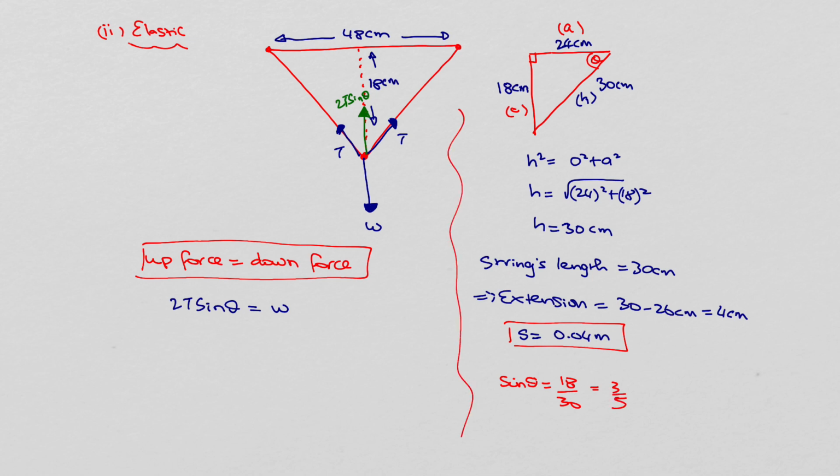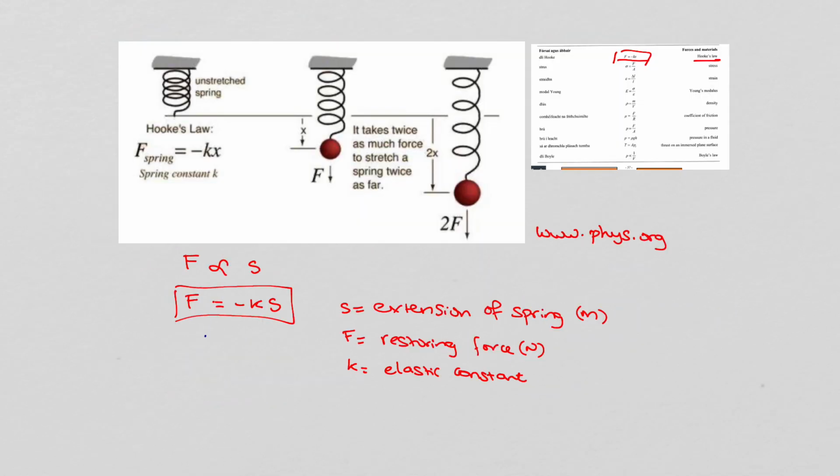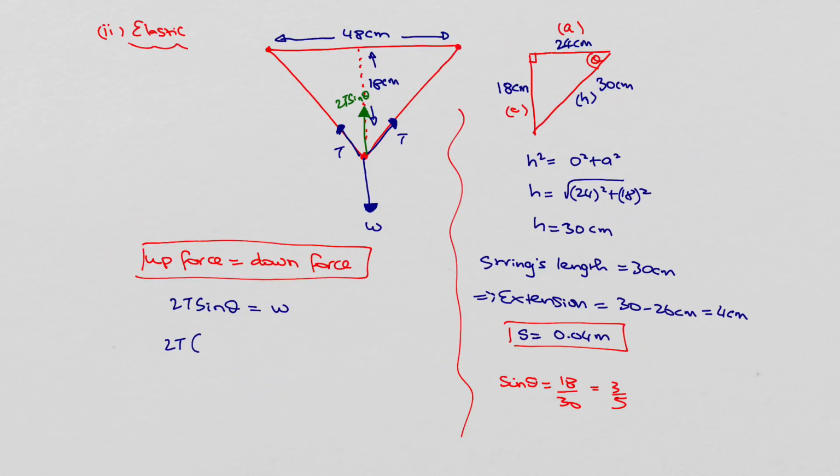So if I put that in here, we're going to have 2t times sine theta. Sorry. So 2t times 3 over 5 is equal to W. And therefore the tension in each of the strings this time is going to be 5W over 6. In other words, this is the new restoring force.